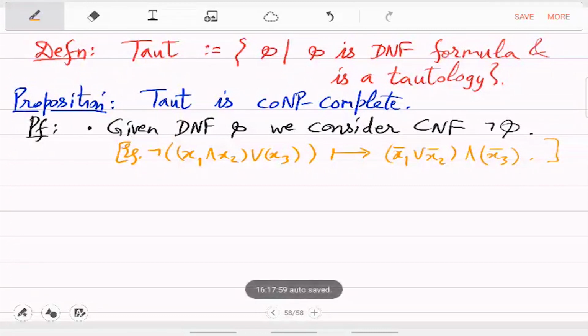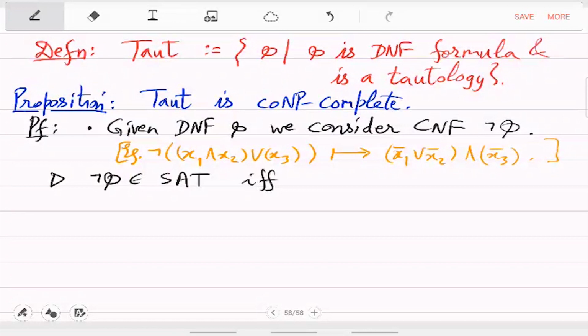So this is what I meant. You start with a DNF, disjunctive normal form. When you take negation, then it becomes a CNF. OR of ANDs, AND of ORs. And the property is that negation phi is satisfiable.